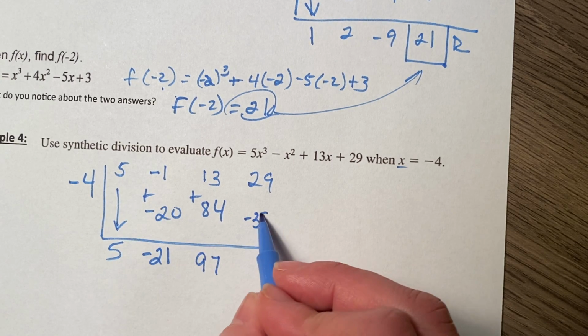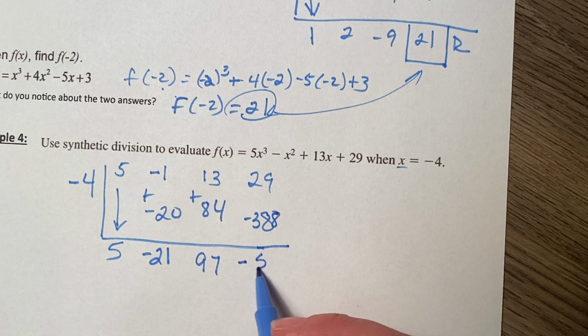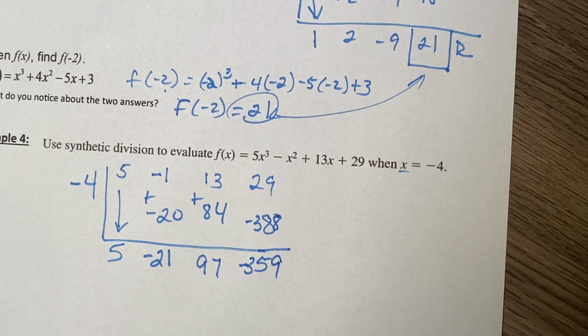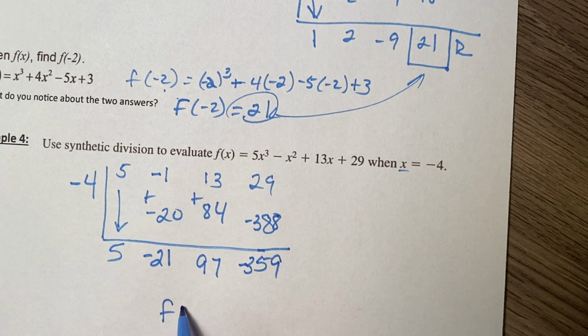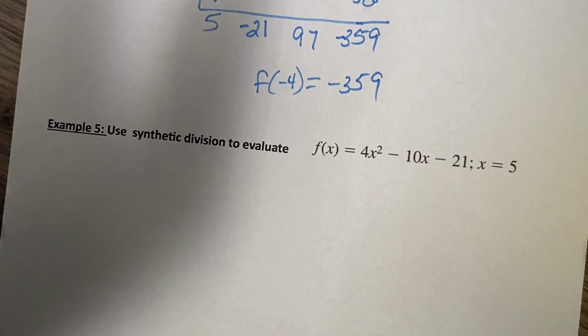So again, multiplying and adding. Oops. So negative 359 is what you end up with. So f of negative 4 is negative 359. Okay, we're gonna do one more example, but that's how you evaluate using synthetic division.